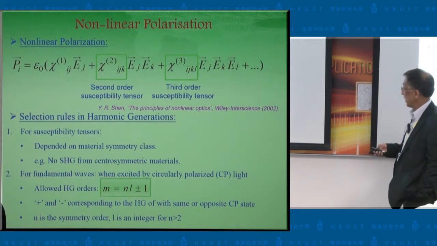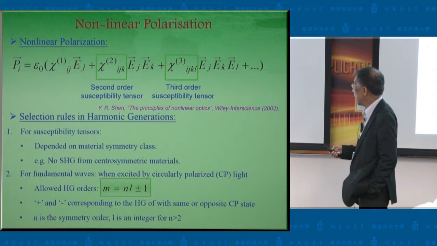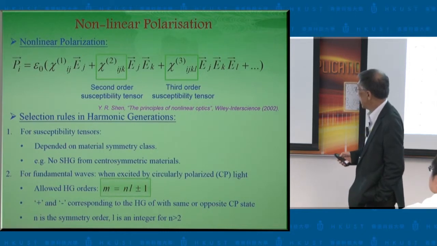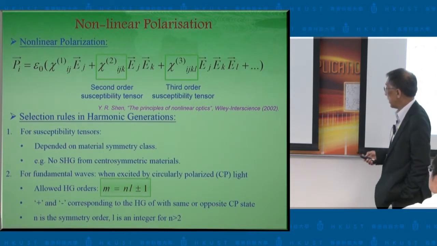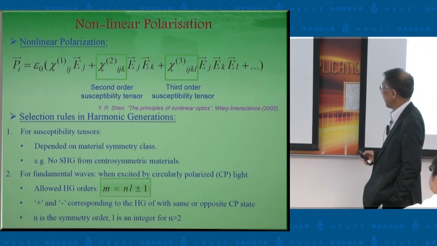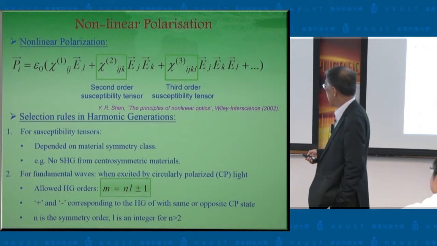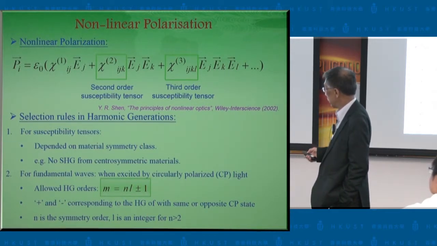As already mentioned, the second harmonic is forbidden in symmetric materials, whereas in the third harmonic you don't have that, and basically you have the orders as given here, with the plus or minus giving you whether you are the same or opposite to the circular polarization.